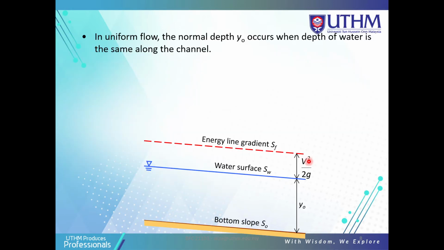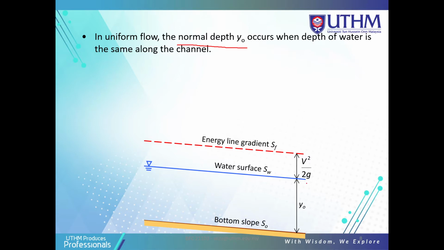In uniform flow, the normal depth is y naught. We learned y in chapter 1, which is also the symbol y, but in this chapter y naught is the symbol of normal depth. Normal depth occurs when the depth of water is the same along the channel.